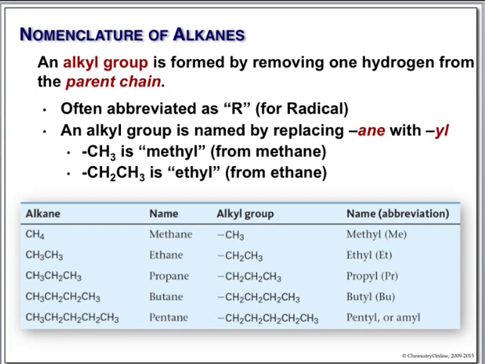Just for an example, 1 carbon would be methane, and we call it methyl. 2 carbons, ethane, ethyl. 3 carbons, propane, propyl, butyl, pentyl, whatever. So you just name it based on the number of carbons that are stuck onto something else.